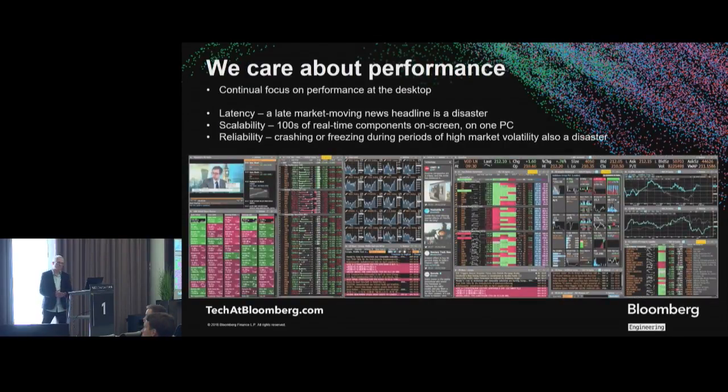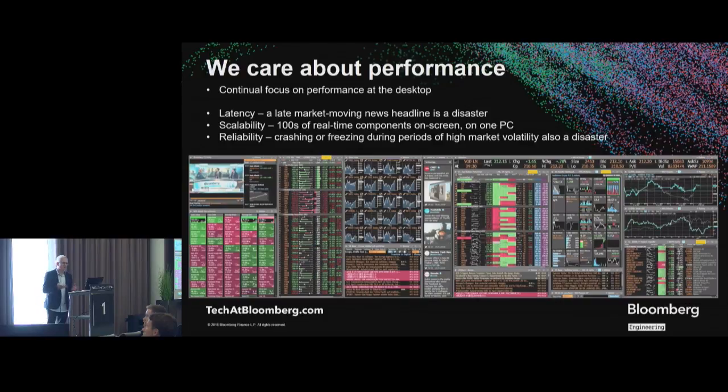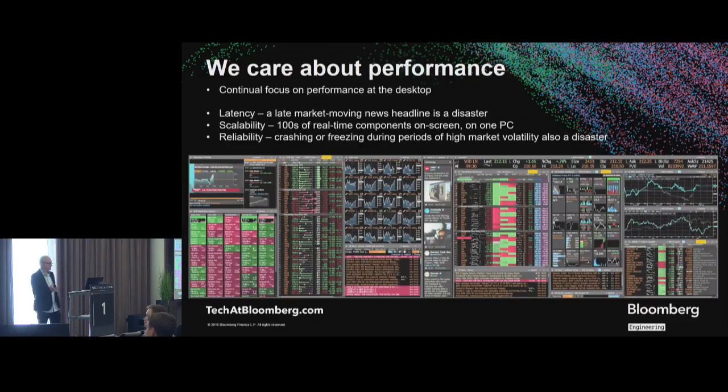We really care about performance at the desktop. It's really important that we have low latency in terms of data coming in to getting on the screen. Scalability: we're displaying maybe hundreds of real-time components on the desktop across maybe up to 8 high-definition monitors, all from one PC. Mainly 2D graphics. Graphics cards nowadays are fantastic at 3D graphics.